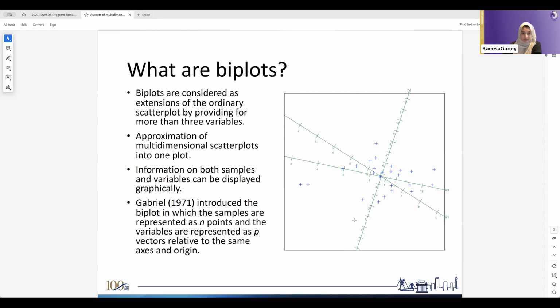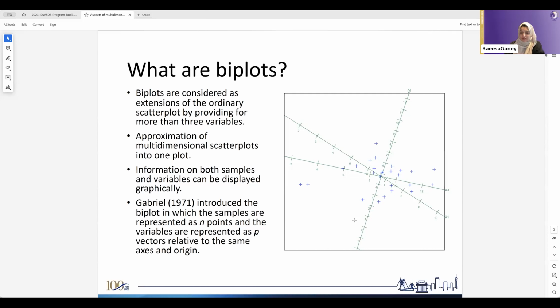It takes a p-dimensional data set and approximates it into 2 dimensions. So you're able to view samples and variables at the same time. And that's where the word bi in biplot comes from. You're representing two modes, both samples and the variables in a data set.